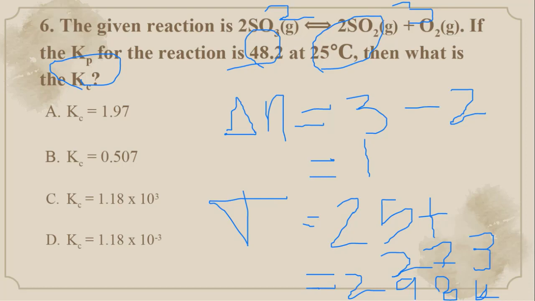Anything else we have to find, or are we ready to put it in the formula? We ready? Yeah. So what's our R, by the way? You don't remember? So it's a constant. Yeah, it's going to be 0.086.